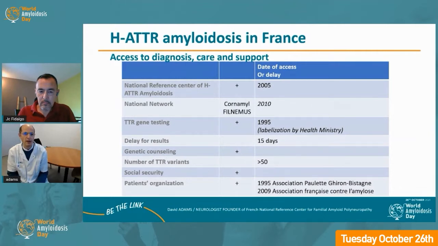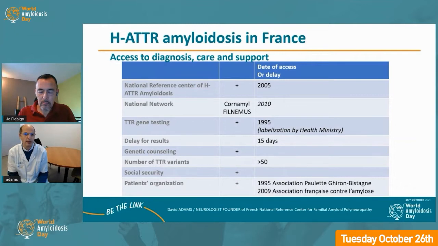We developed in 1995 the laboratory to do TTR gene testing to prove the diagnosis. And progressively, with the help of the nerve biopsy and TTR gene testing, we identified more and more cases in France, in different countries around Paris, but in every department and region in France.